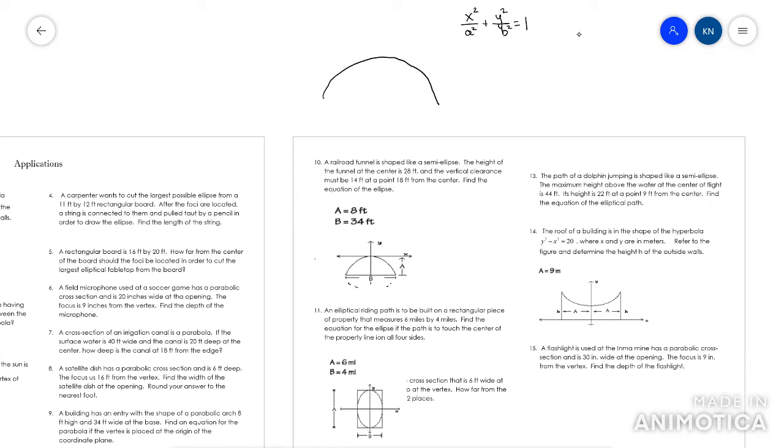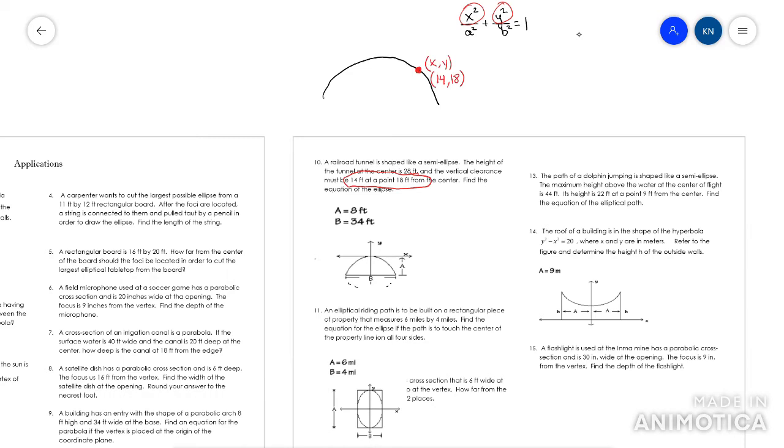And when they give me this information right here, they're telling me a coordinate, an XY coordinate. So 14, comma 18, okay? And so what I would do is I would be plugging that in for X and for Y, but I still need either A or B.